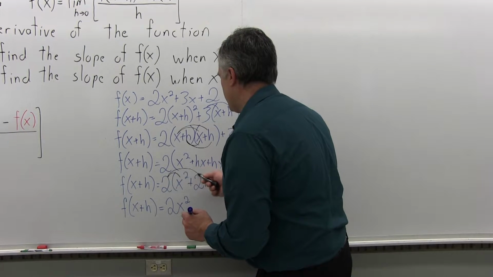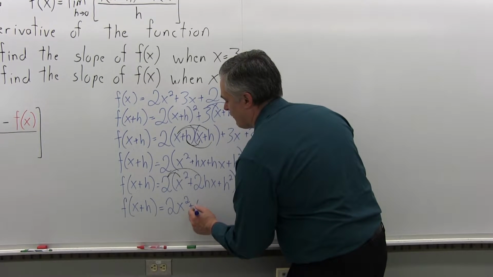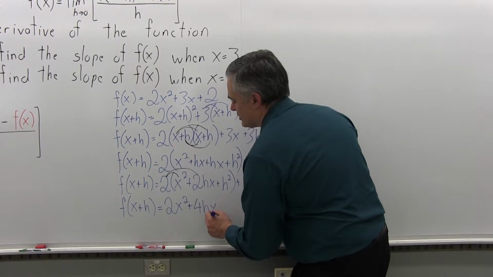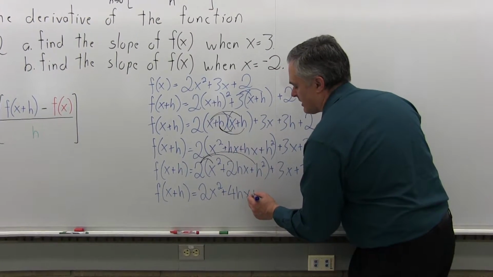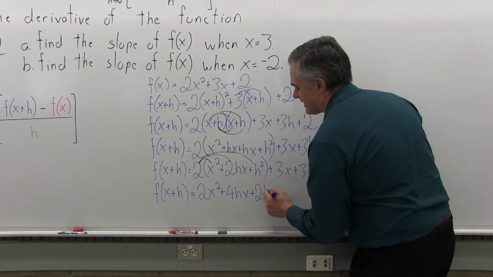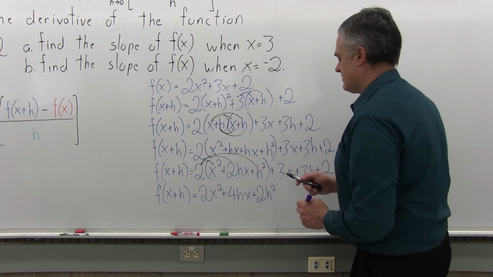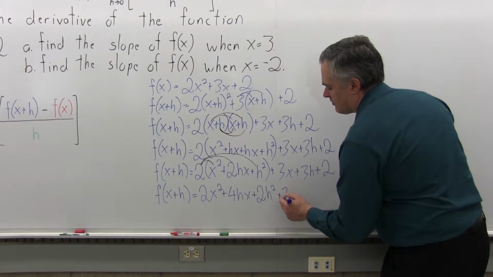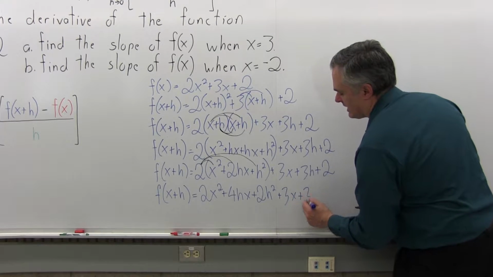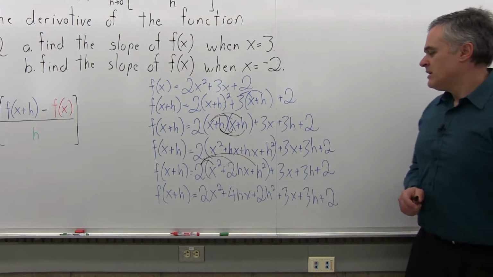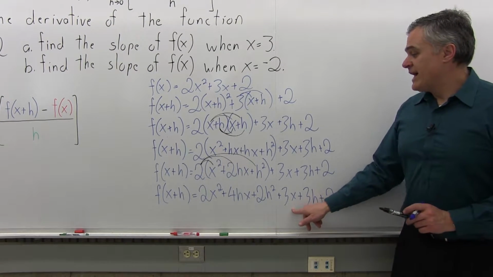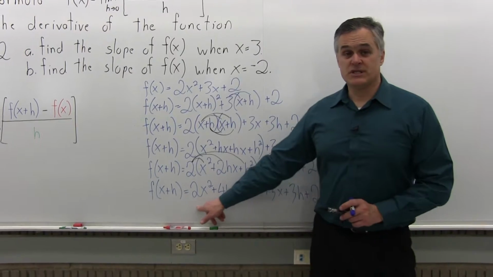Then 2 times 2hx will be 4hx. 2 times h to the second power will be 2h second power. And then plus 3x plus 3h plus 2. So now that is what f of x plus h is equal to.